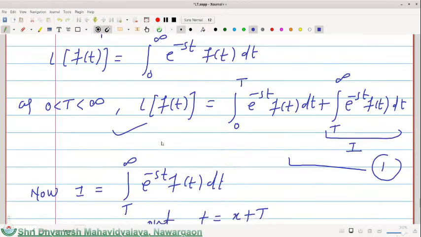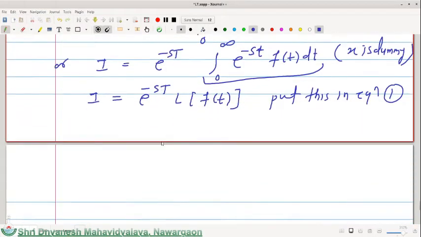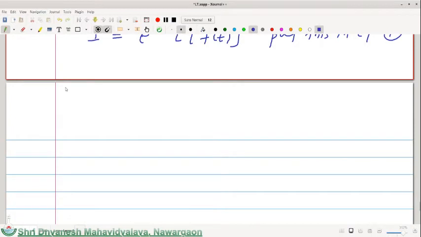Okay, so let us write that down. So this is the Laplace transform of f of t.